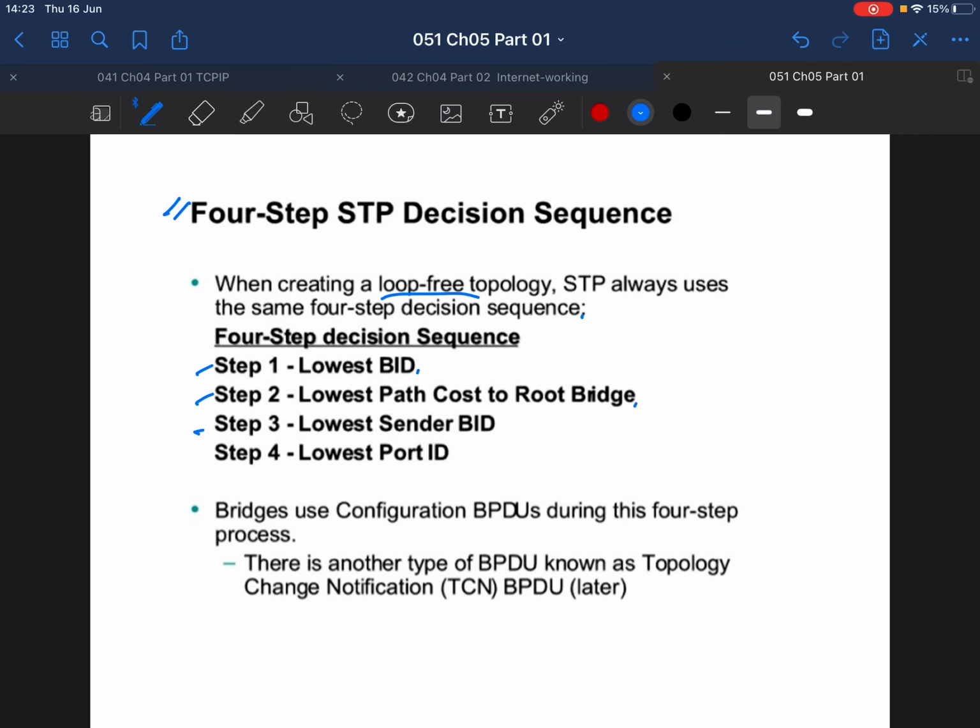Third, lowest sender BID. Fourth, lowest port ID. Bridges use configuration BPDUs during these 4-step processes. There is another type of BPDU known as Topology Change Notification, TCN BPDU.